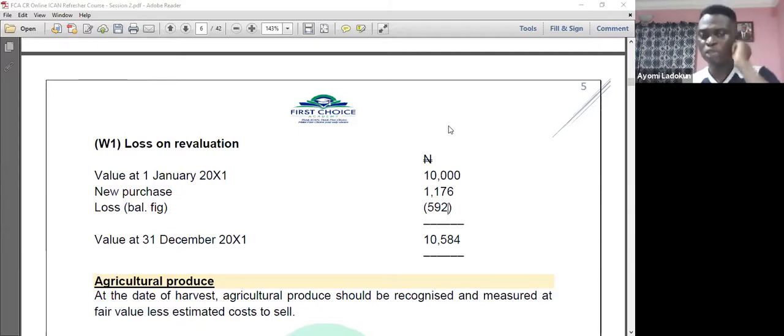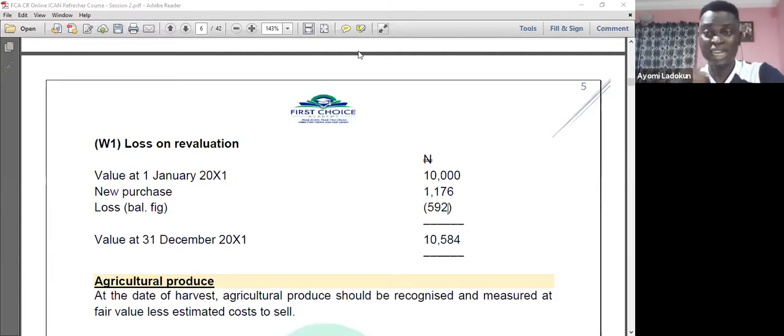So when you see a question around agriculture, for example, an examiner made mention of production quotas, in your explanation, just tell the examiner that you apply IAS 38. Production quotas are measured at cost less accumulated amortization and accumulated impairment losses. So that's what you tell the examiner when it comes to production quotas featuring around IAS 41.